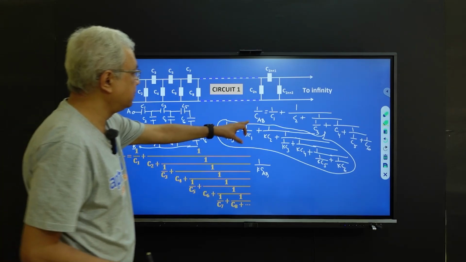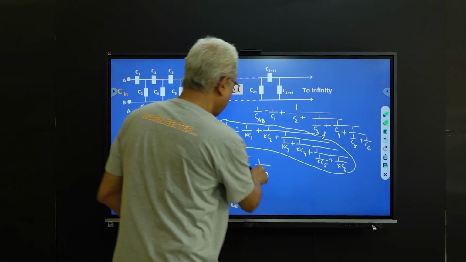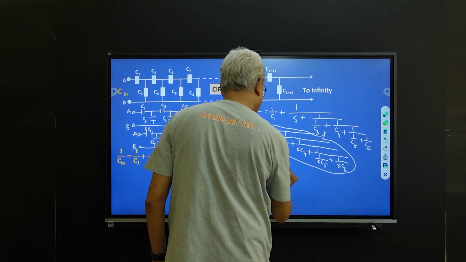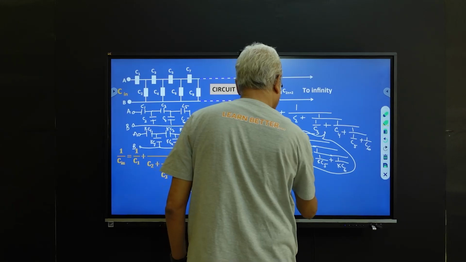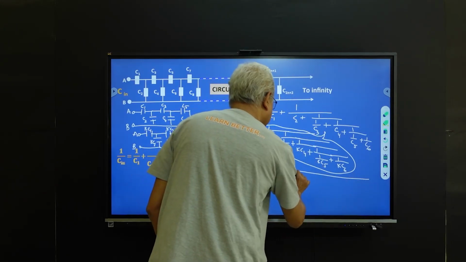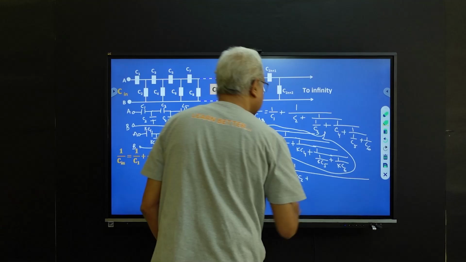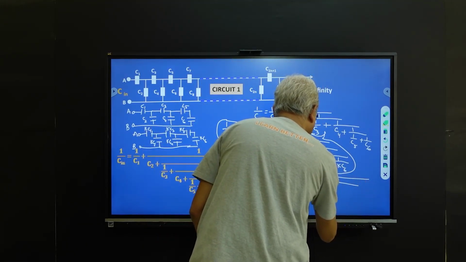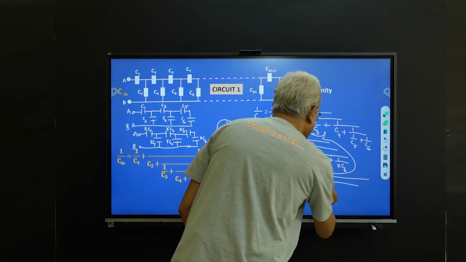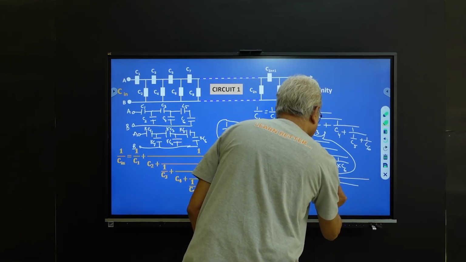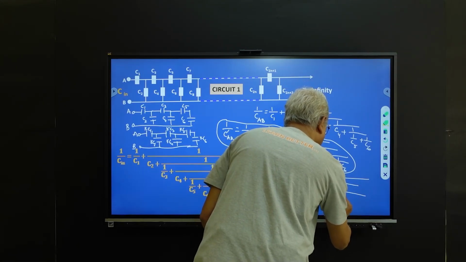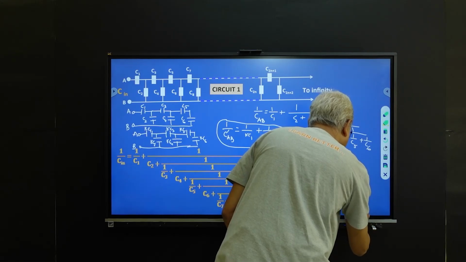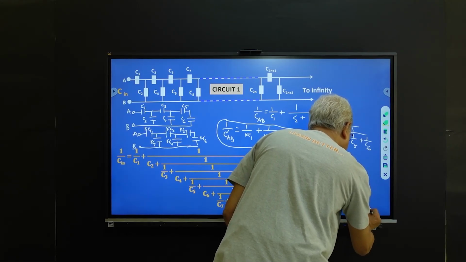Now from this expression you write 1 by KCAB is equal to how much? 1 by KC1 plus 1 by KC2 plus K times 1 by C3 plus 1 by C4 plus 1 by C5 plus 1 by C6.